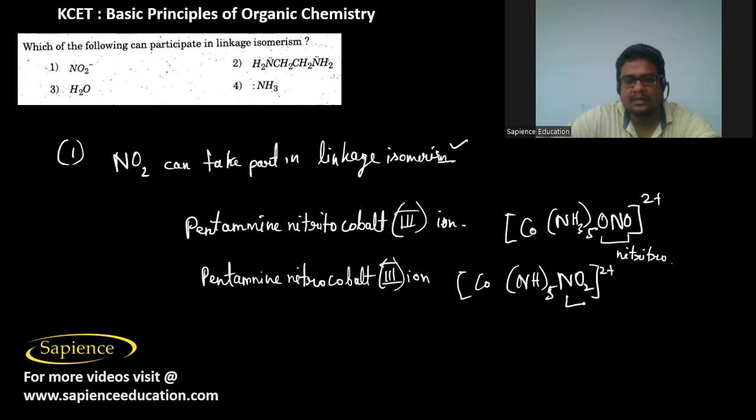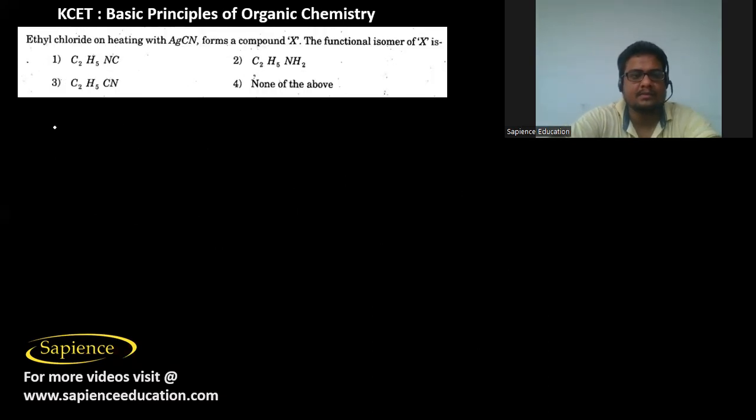So when nitrogen links with the cobalt, it is nitro, and when oxygen links with the cobalt, it is called nitrito. So option 1 is the correct answer here.